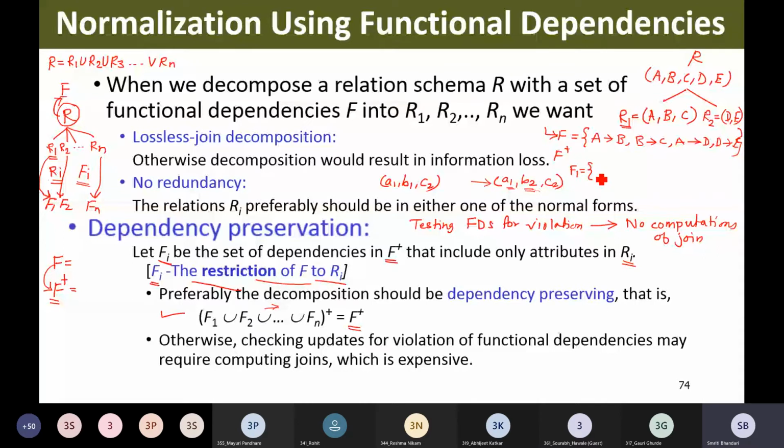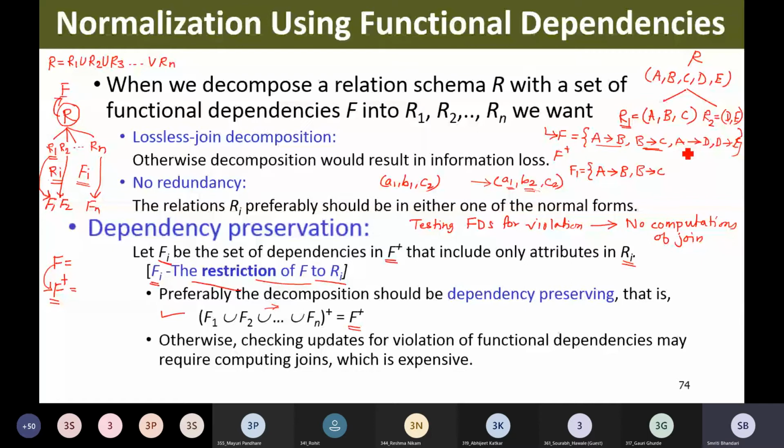So I check A to B: do both attributes belong to R1? Yes. So in my F1, I'll have this functional dependency A to B. Next, B to C: are B and C both available in R1? Yes, so B to C can also be included in F1. Now, what about A to D?